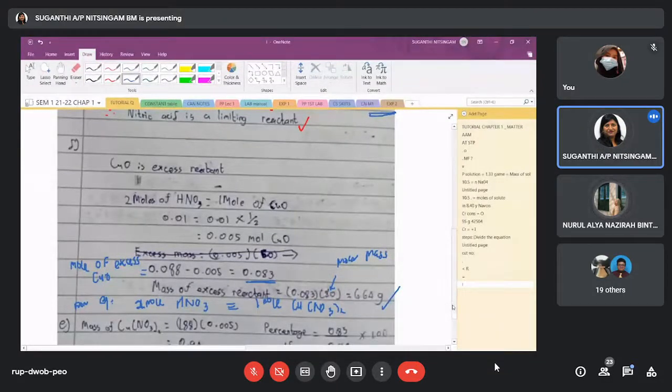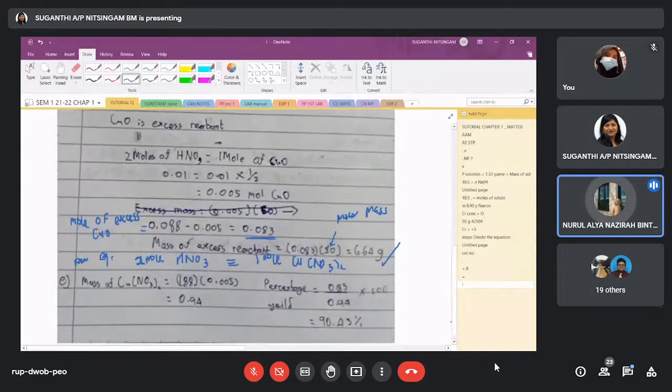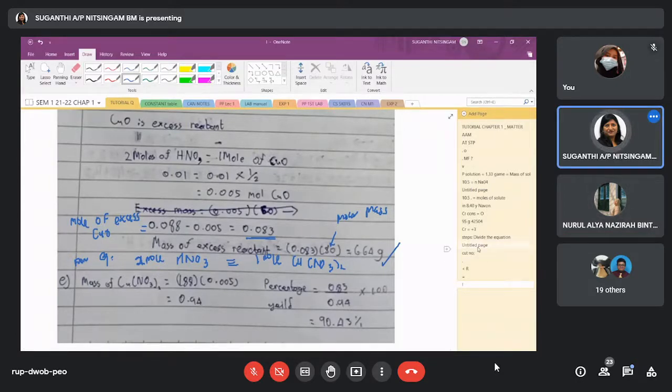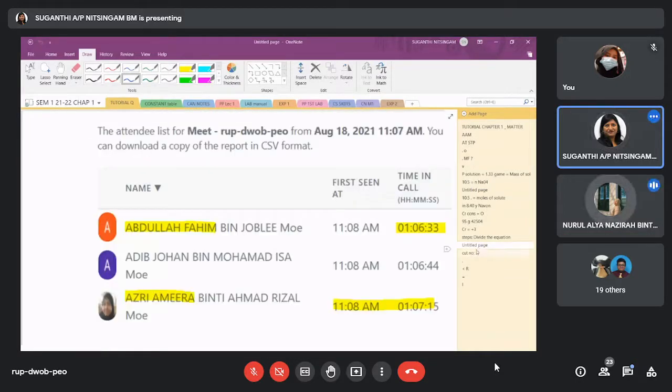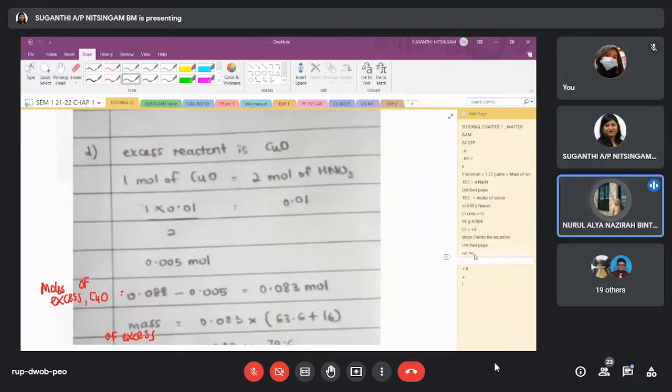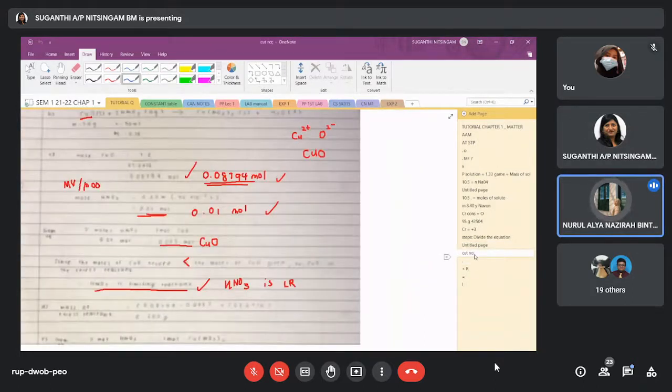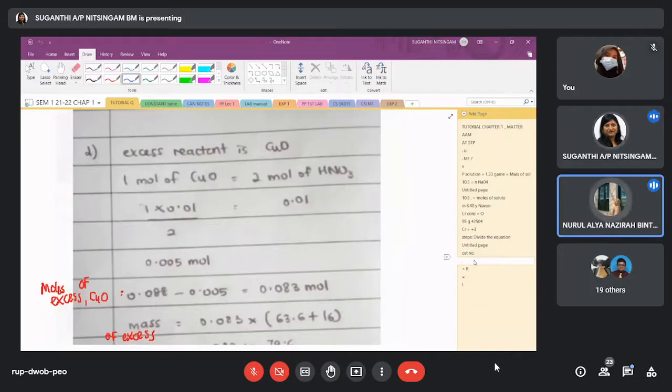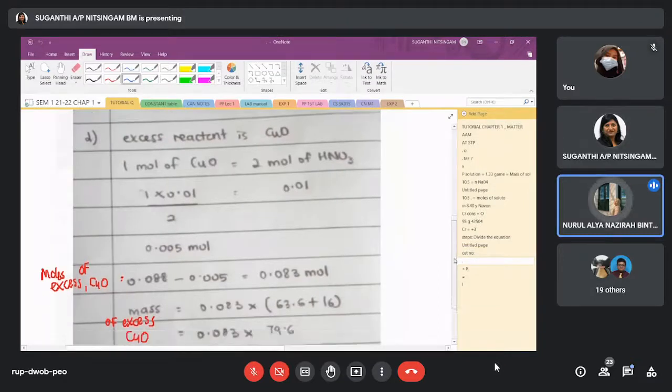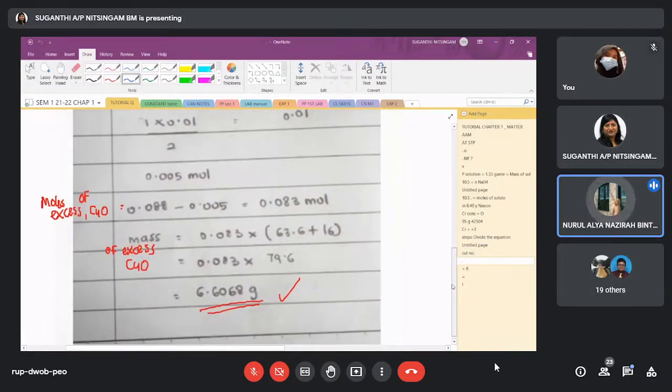Yes, madam. For my answer I got the mass of the reactant as 6.602. Wait, I check with the earlier one. But the given answer in the tutor is 6.608. It's 6.608. This one got it, why didn't you?